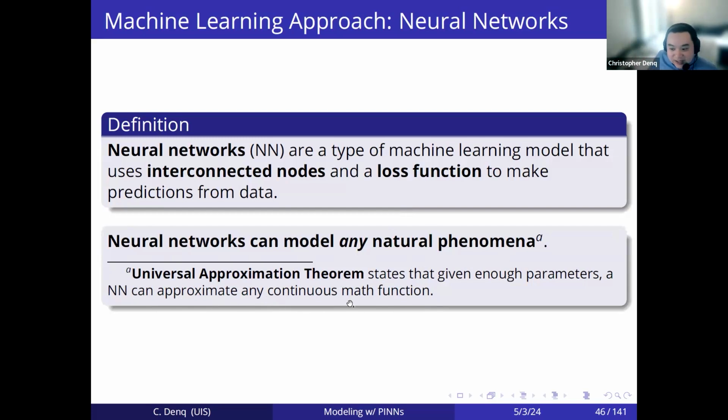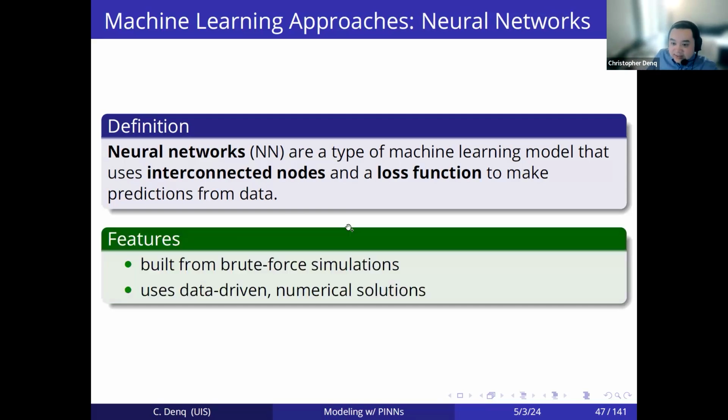So if a neural network can approximate any continuous math function, it can approximate any physics law. And that physics law then captures sort of any natural phenomenon, right? So these are the two big reasons why we're so excited about neural networks. They're able to learn from their mistakes really well, but they also can come to model any natural phenomenon, right? This gives us confidence that the code that we see in our simulations, et cetera, actually has mathematical reliability, or predictability, excuse me.